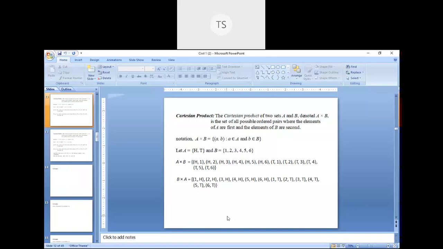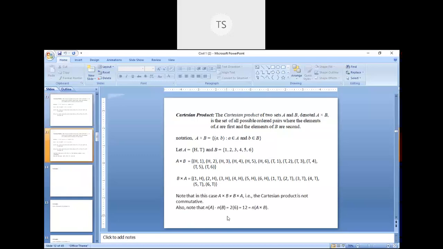See, these small points are important for your MCQs. So here I have written, note that in this case A cross B is not equal to B cross A. That is, the Cartesian product is not commutative.